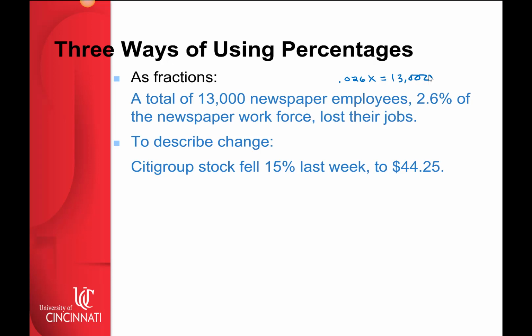The answer is, well, it's not in that sentence, but we could figure it out. Did it gain or lose value? It lost 15%. And after 15% was taken away, it was worth $44.25. We're going to talk about how you figure out what the original value was.